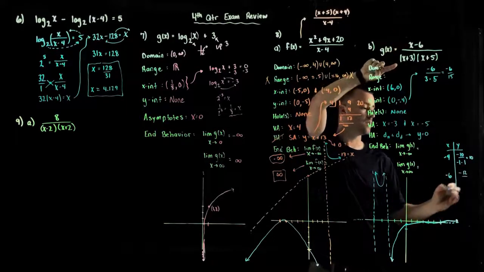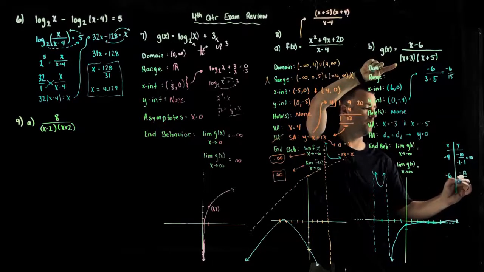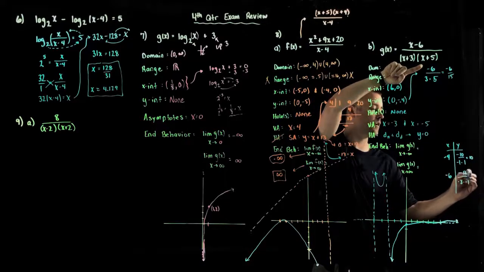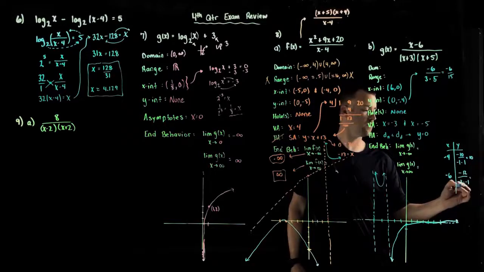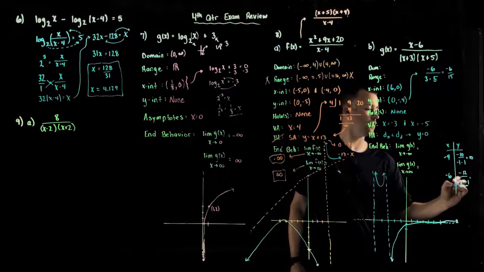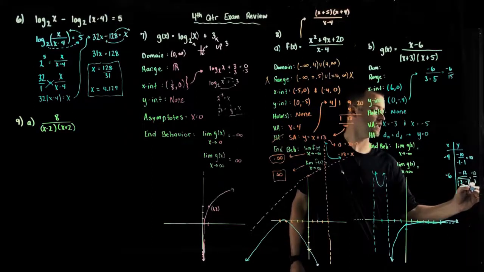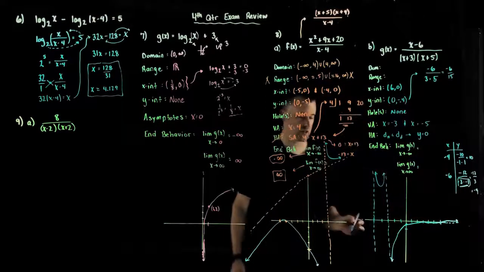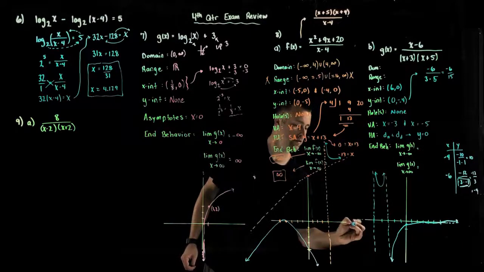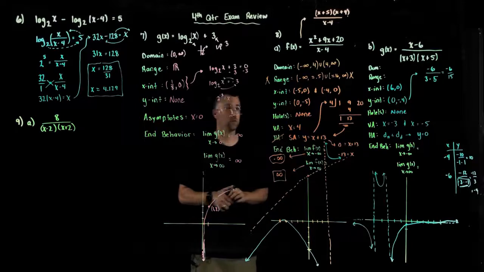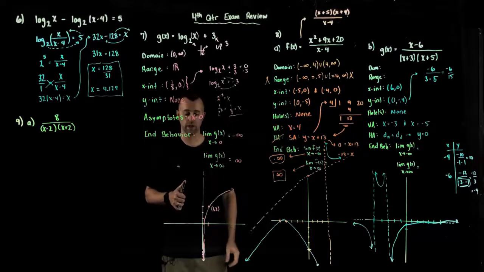Here I get negative 6 plus 3, so negative 3, times negative 6 plus 5, which is negative 1. So this is now going to be a positive right here. So when you multiply these, you get negative 12 divided by a positive 3. So that's negative 4. So that means I'm down here. So my graph is going to look like this. So there is a sketch of your graph for 8b.